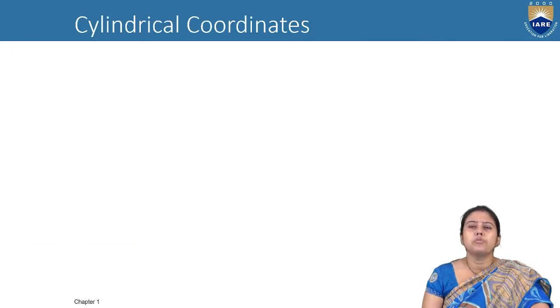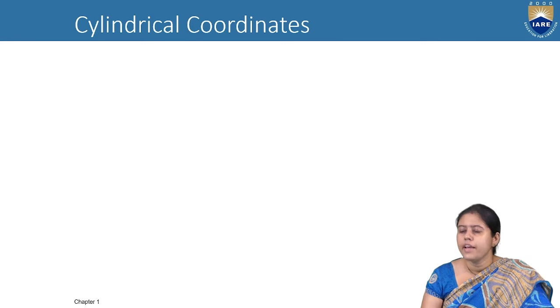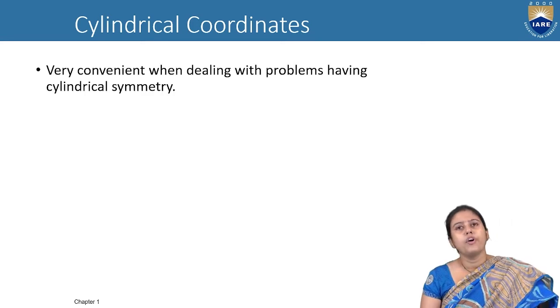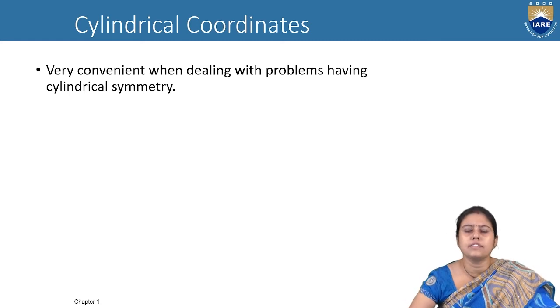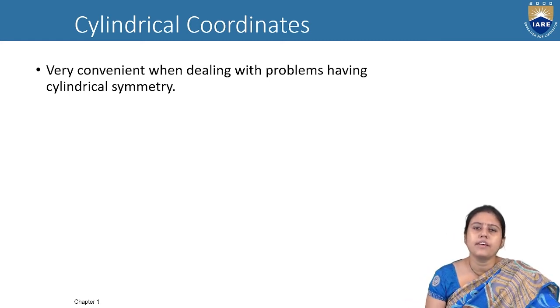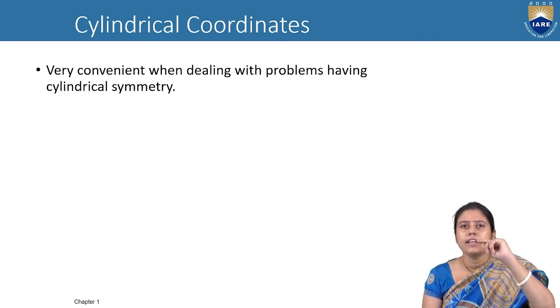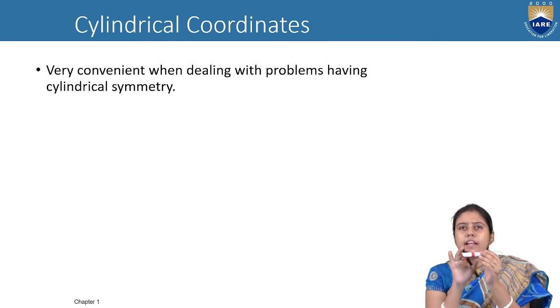Now we will move to our next coordinate system, the cylindrical coordinate system. When will we use the cylindrical coordinate system? When the system has cylindrical symmetry. What is the meaning of cylindrical symmetry? If we think about an underground cable or an overhead line, the shape is like a cylinder.